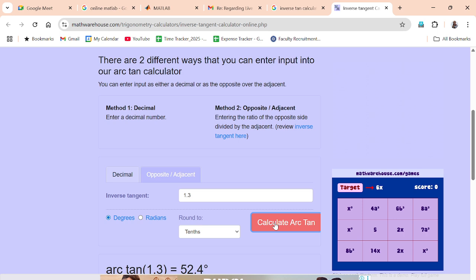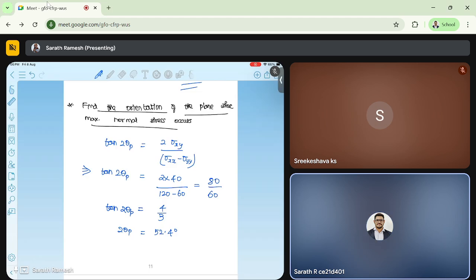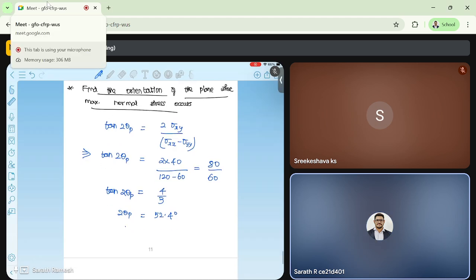So 2 theta p is 52.4 degrees. Now theta p will be 26.2 degrees. Okay, that's it. Since both are positive, it is in the first quadrant, so it's direct.